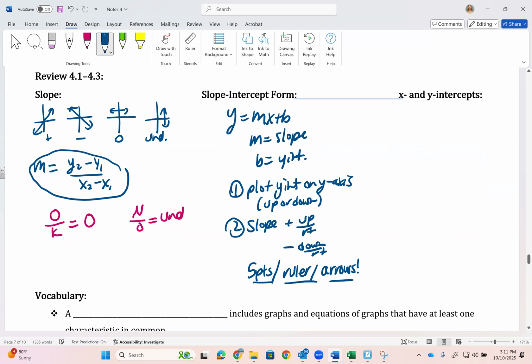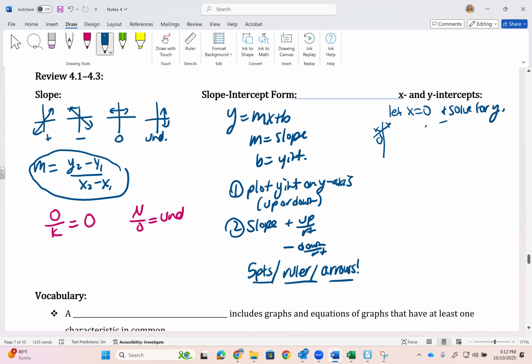Okay? To find the intercepts. If you're going to graph a line by finding the intercepts, you are going to let x equal 0. So if you have an equation, you let x be 0 and find y. I'll give an example.